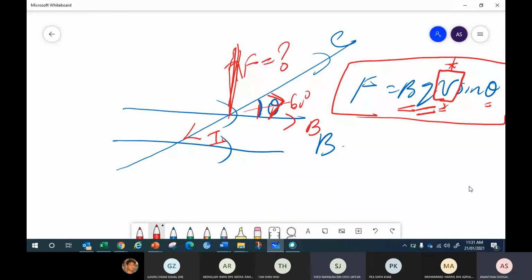But in Fleming's left-hand rule, the fingers point FBI. The middle finger points in the direction of the current. So if the electron moves upwards, the current is downwards. So your middle finger must point downwards to get the direction. That's the tricky part.